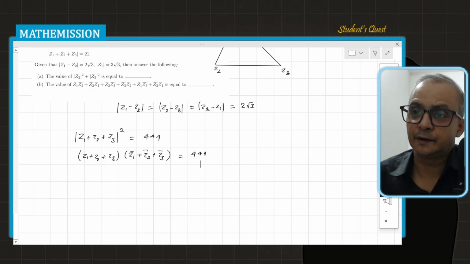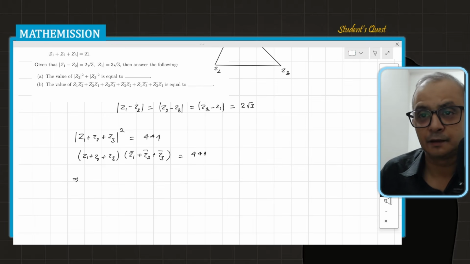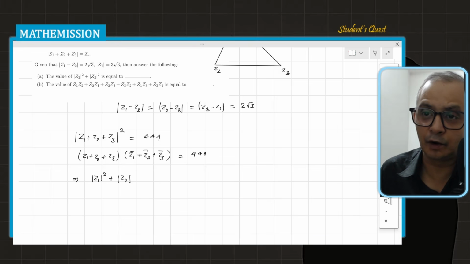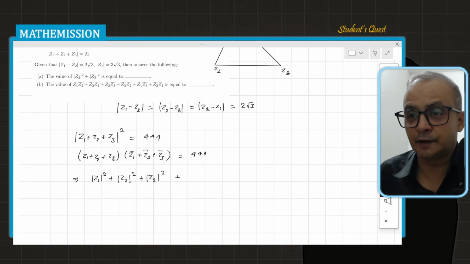So what will happen when I multiply them? Z1 times Z1 bar is mod Z1 squared. So let me first write all: mod Z1 squared, mod Z2 squared, mod Z3 squared, and you notice Z1 Z3 bar will come here.